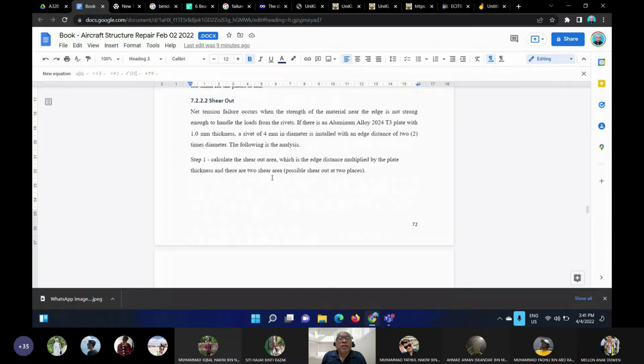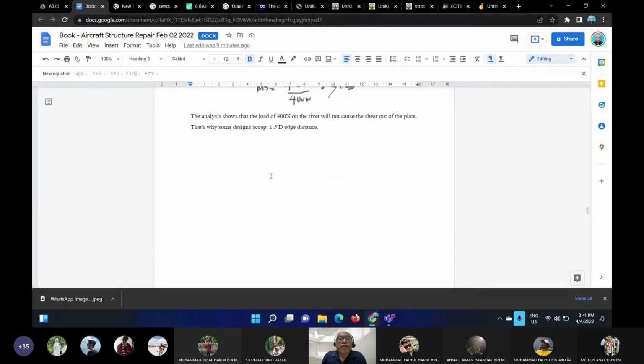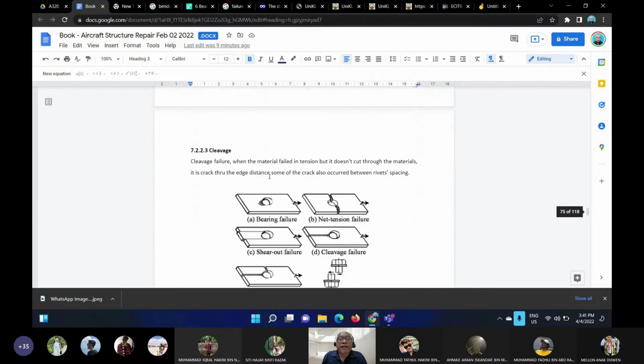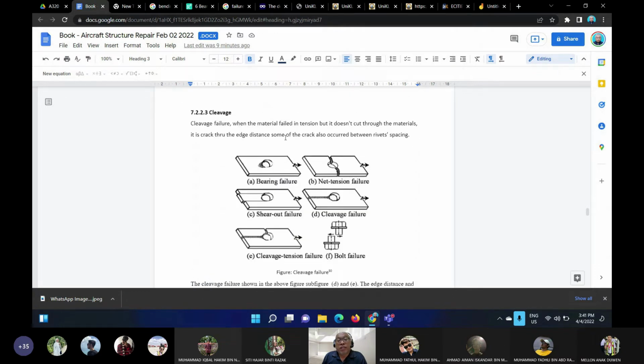So next, after shear out, we have cleavage. Cleavage does not fail due to shear. Shear out fails due to shear. That's why for that analysis we use the ultimate shear strength.